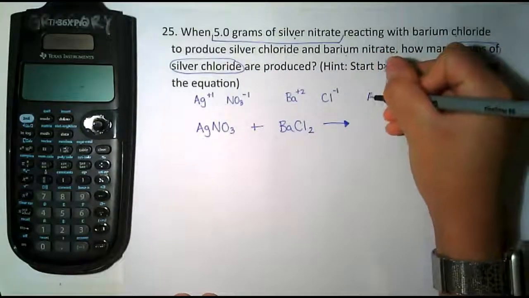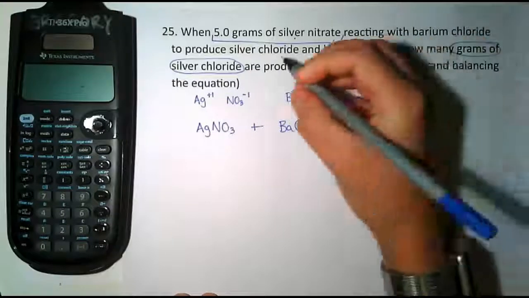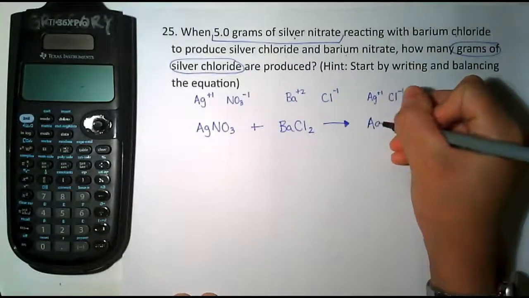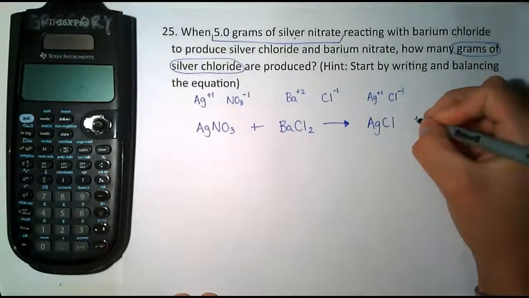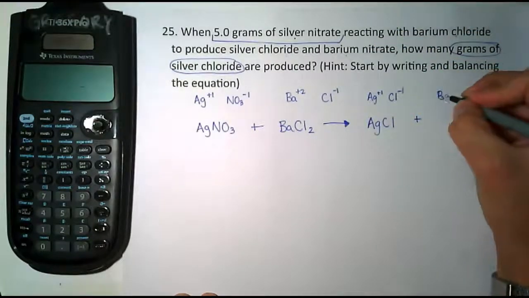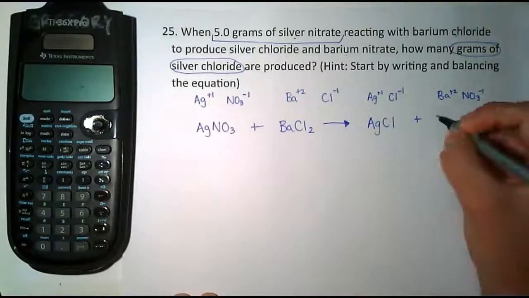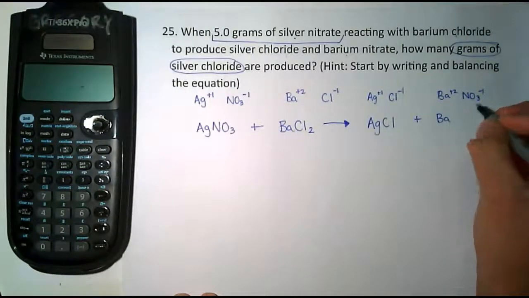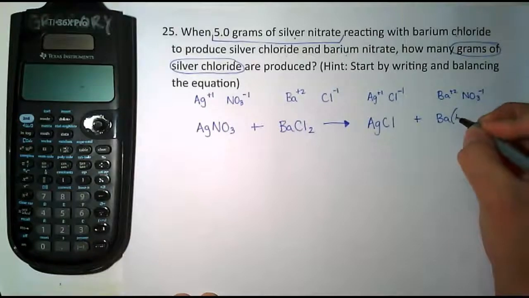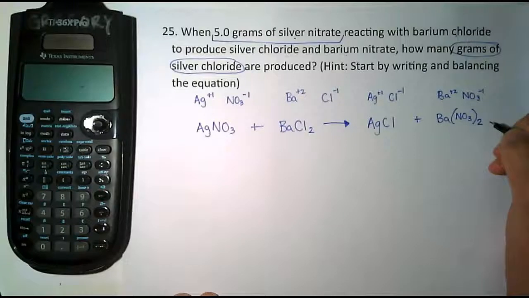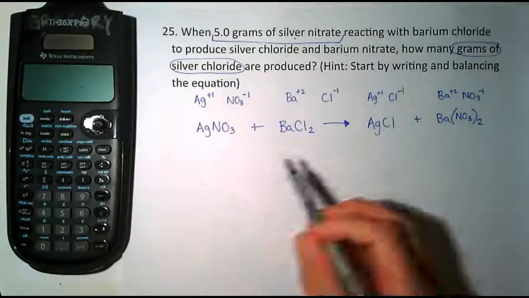So silver has a +1 charge, and it's going to bond with chlorine, which has a -1 charge, so that will be AgCl. And then barium nitrate. Barium has a +2 charge, nitrate has a -1 charge, so we get Ba1. And then we are going to have 2 NO3s, so we put the NO3 in parentheses and put the 2 outside the parentheses. So here's our equation.